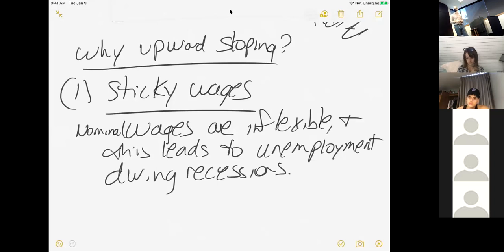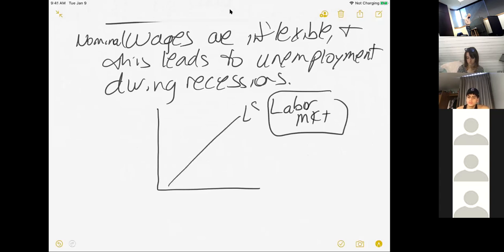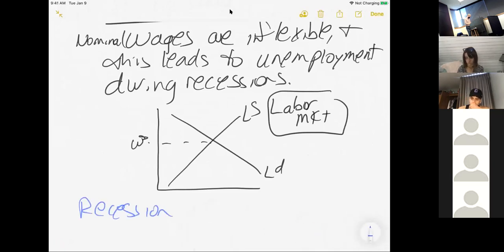And as a result, this leads to unemployment during recessions. So think about a labor market here. Right? And then we have a recession. And as a result, firms want to hire less workers. Labor demand goes down. Okay?